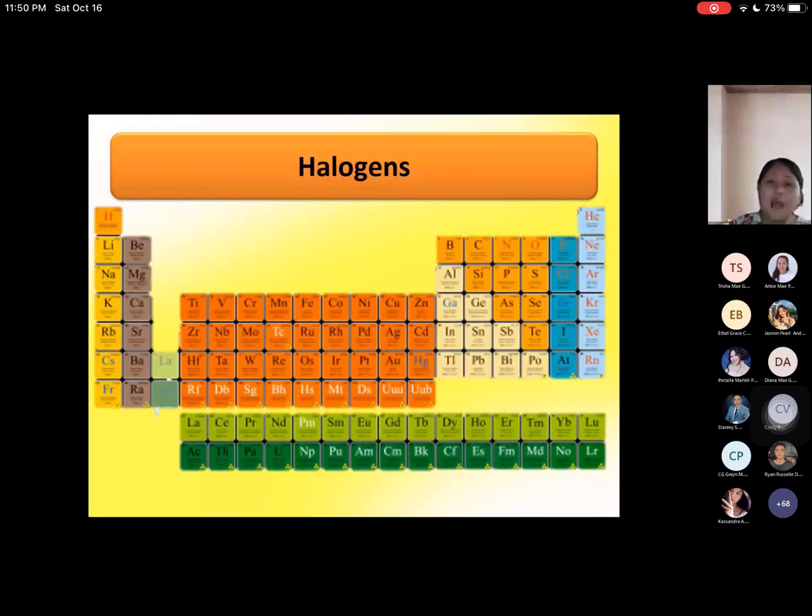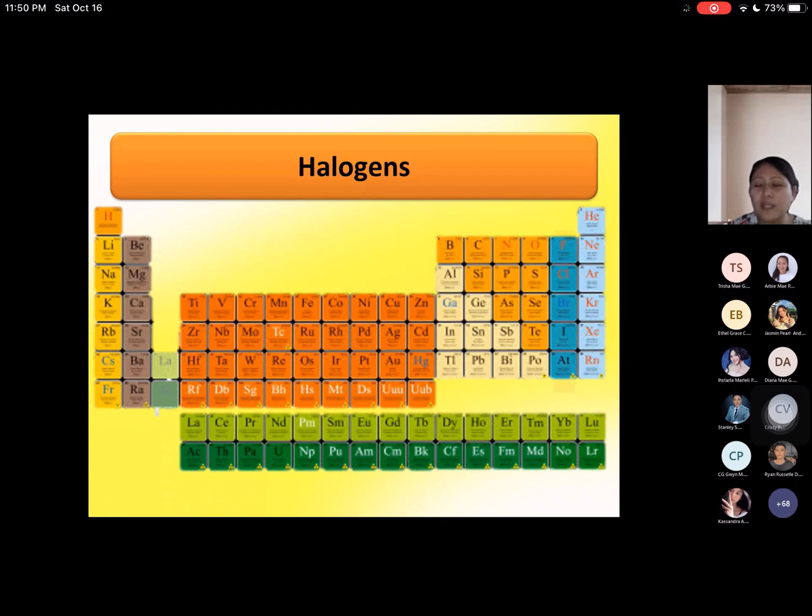In the periodic table, you have the halogens here: fluorine, chlorine, bromine, and also astatine. So these are examples of halogen.